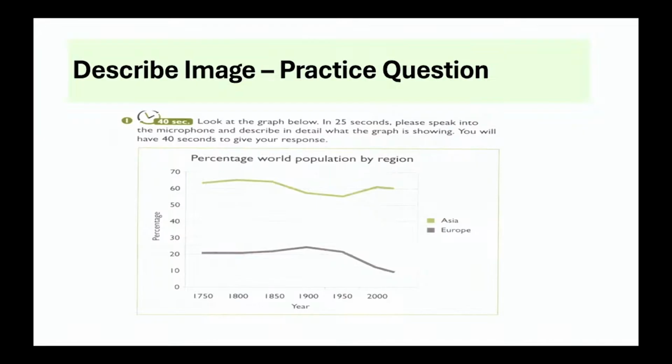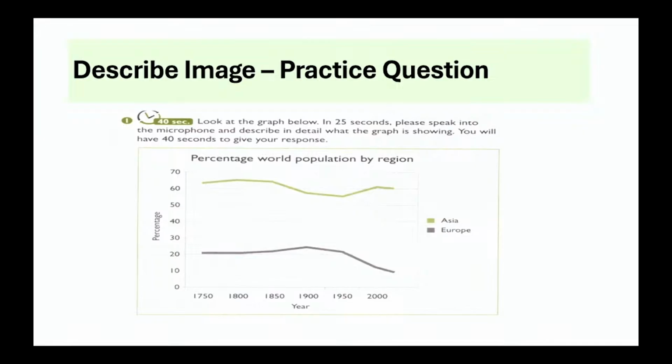Maybe start working in pairs and try to analyze the image and discuss together how you're going to describe this one. So maybe work in pairs quickly. Try to understand the structure and the template that I gave to you, and based on that structure, please try to analyze this image.